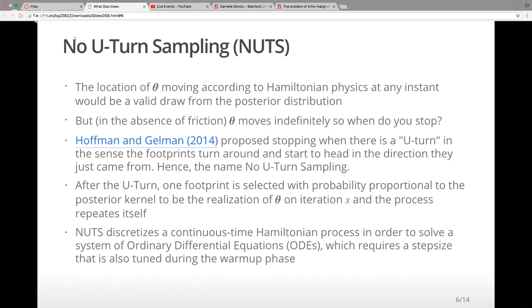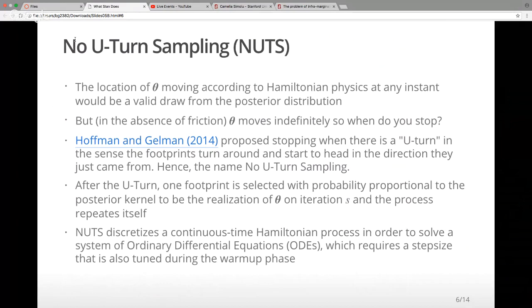And so when it gets to the U-turn point, one of the footprints that it made along its trek through the parameter space is selected with probability proportional to the posterior kernel. And that's the realization of theta at the sth iteration. And then we go on to the next one, draw a new random momentum from the normal distribution, push the particle around again, stop when it makes a U-turn, select among the footprints of the places that it's been.